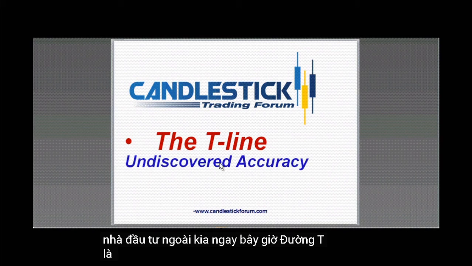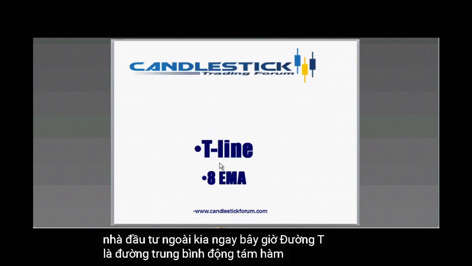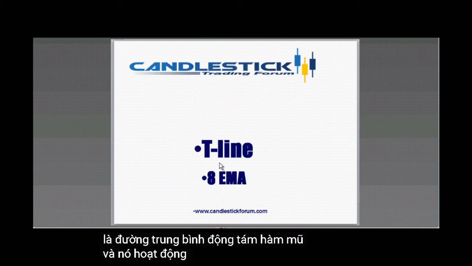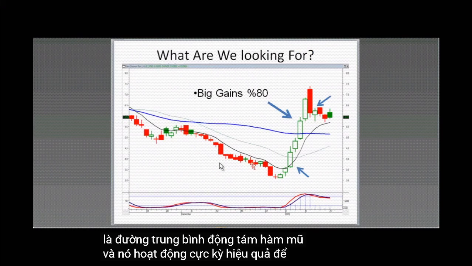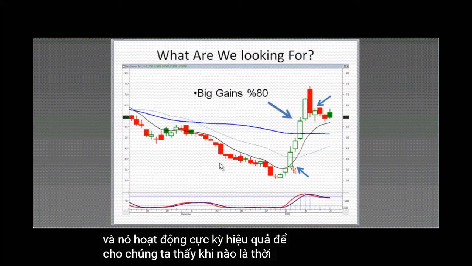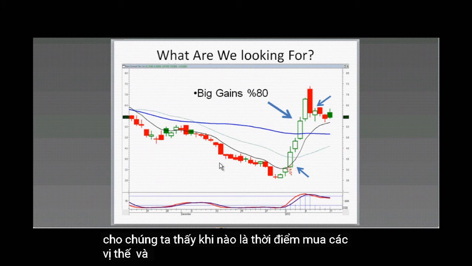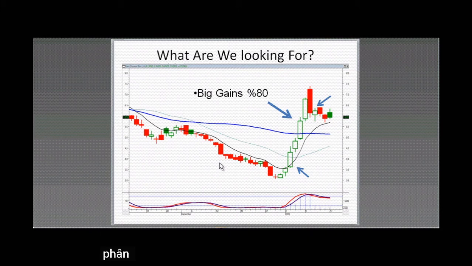The T-line is the 8 exponential moving average, and it works extremely effectively for showing us when it's time to be buying positions. And it's very important for doing trend analysis.